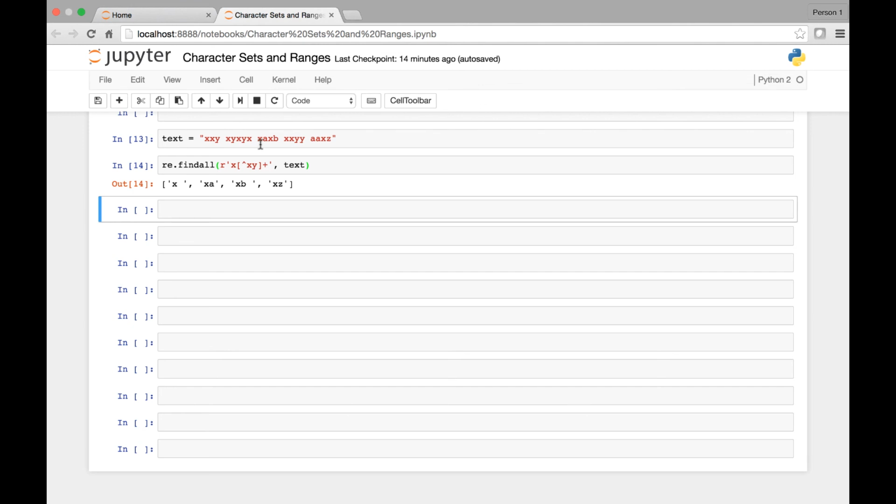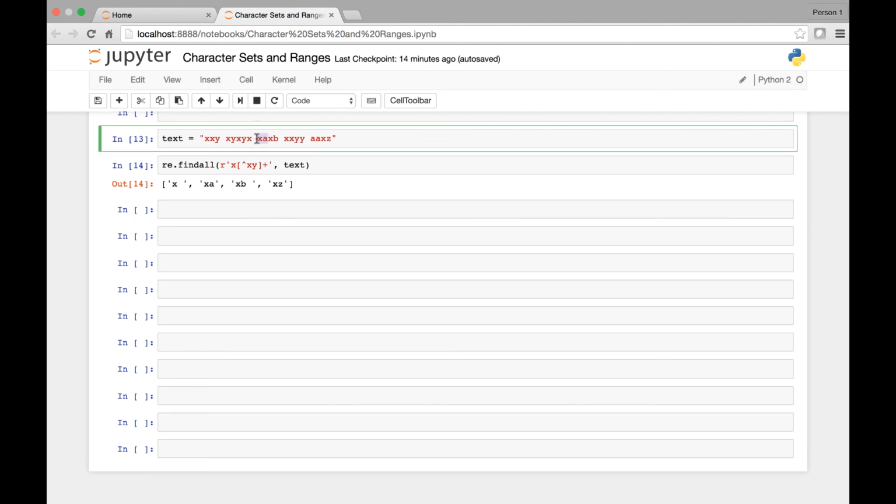And then we have another X here, and this is not followed by X or Y, so it will take this XA, then it will take XB, then it moves on. This X is followed by X or Y's, right? And finally we have here XZ. So we got that result.